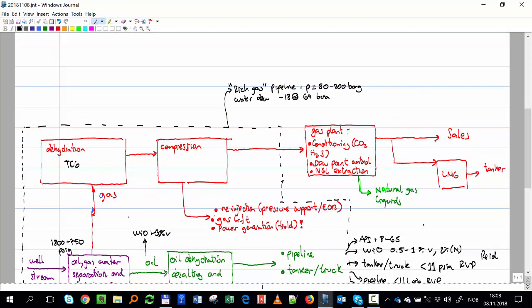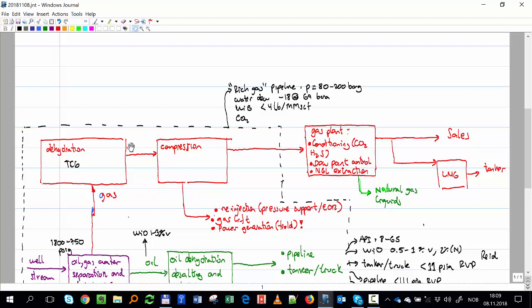Then we have the water content. The water in gas typically has to be below 4 pounds per million standard cubic feet. The CO2 content is very important. If we cannot match the CO2 limit, we have to include conditioning before.